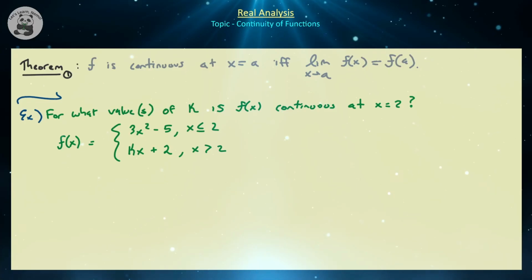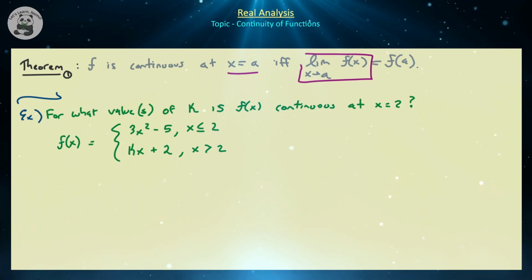The first theorem that is actually quite useful for the continuity of real valued functions is the following. It says that f is continuous at x equals a if and only if the limit of that function at x is equal to a is equal to the function evaluation when x is equal to a.